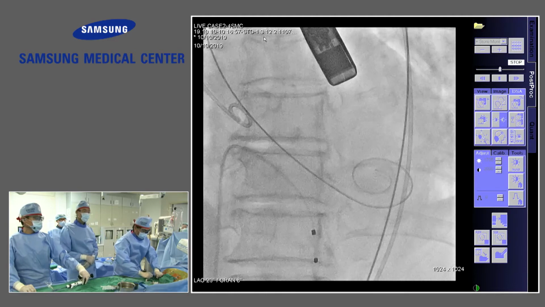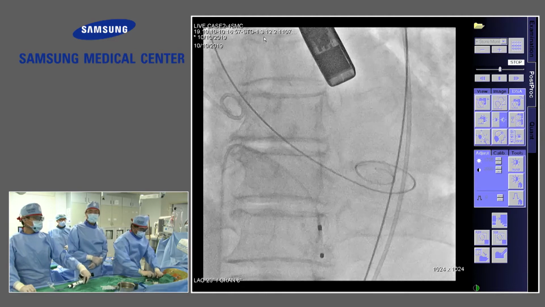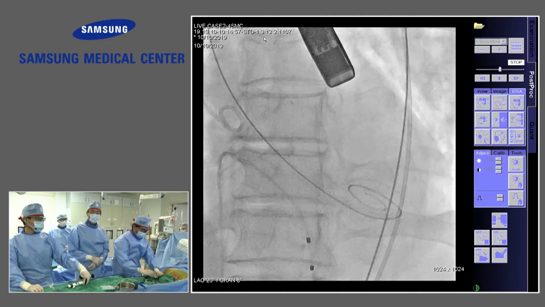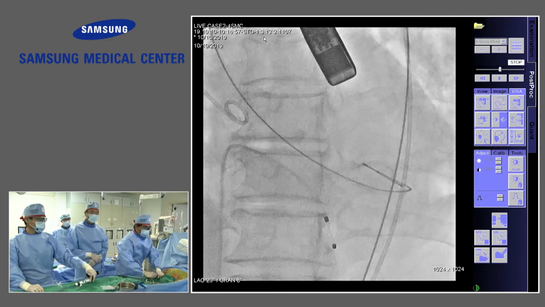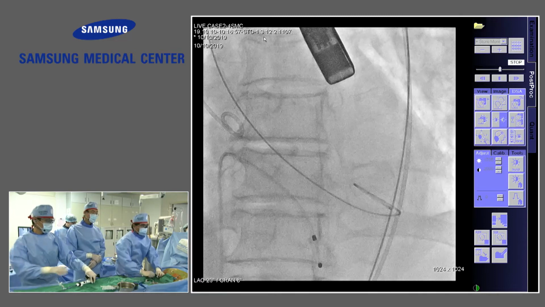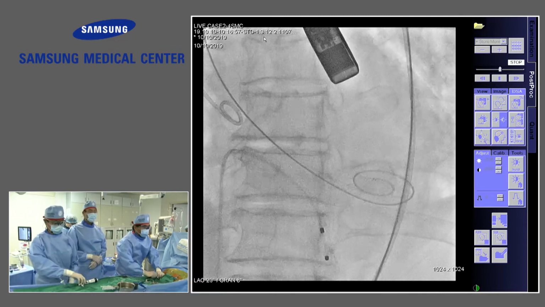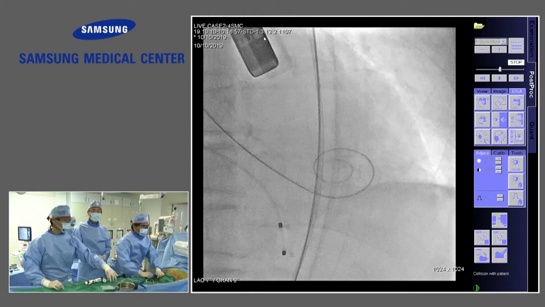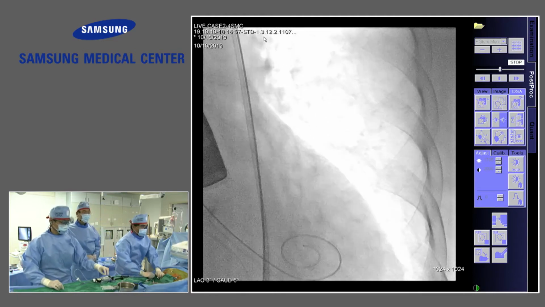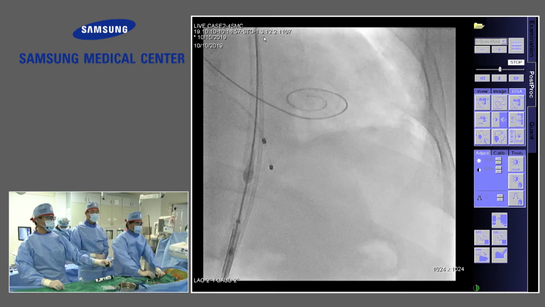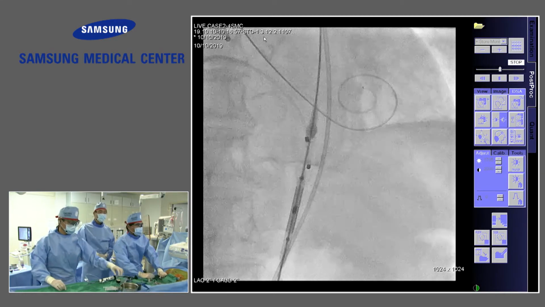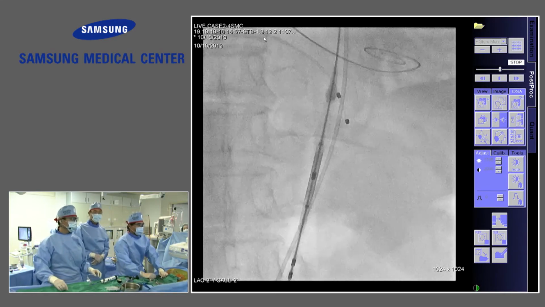So the point is that it's still not clear whether FFR 0.8 is a good criterion for old-age people. I don't know. With FFR lower than 0.8, the interpretation is that you should dilate it. Above 0.8, you should not touch it.